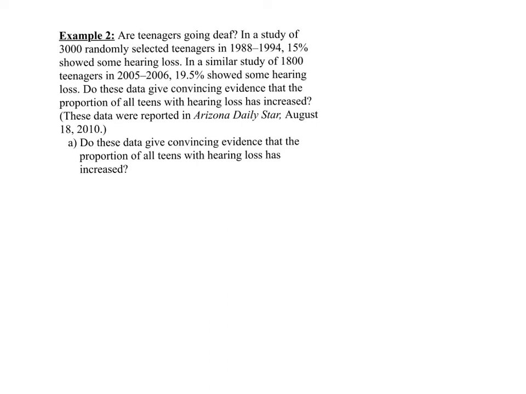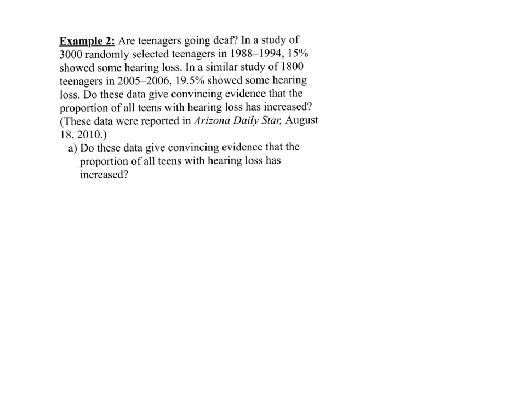What I tend to do if I get a problem like this is start off by writing down all the information I know. I'm going to start with my 1988 to 1994 sample. I know that my sample size, which I'm going to call N1, was 3,000. I know that my sample proportion, which I'm going to call P1 hat, was 0.15.